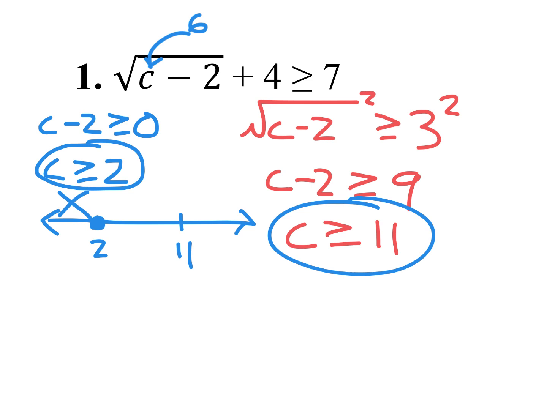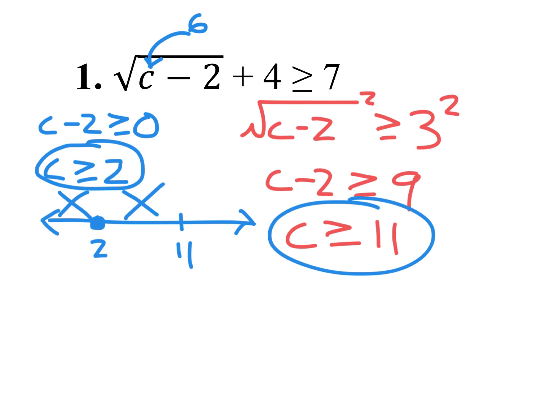So 6 works. 6 minus 2 is 4. The square root of 4 is 2. 2 plus 4, that is not greater than 7. So when you plug in 6 for C, it does not work.